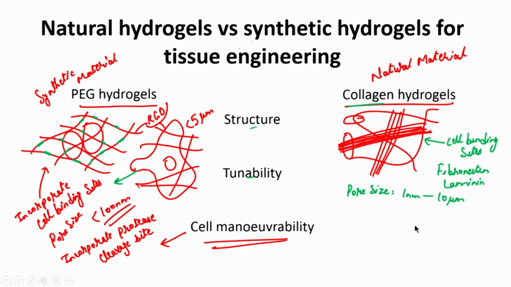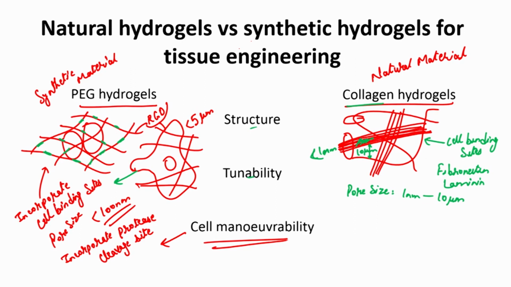Certain regions will have large pores, and certain regions will be fairly compact, as you are seeing here. This is less than 1 nanometer gaps, and this is huge gaps of, let us say, 10 microns. Because of that you do not really have to worry about cell maneuverability. When the cell wants to move around in the gel, it does not have to wait for some degradation kinetics to happen.